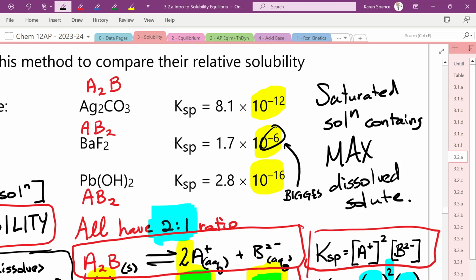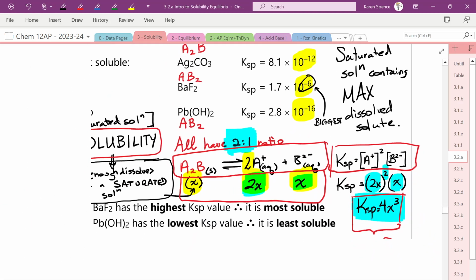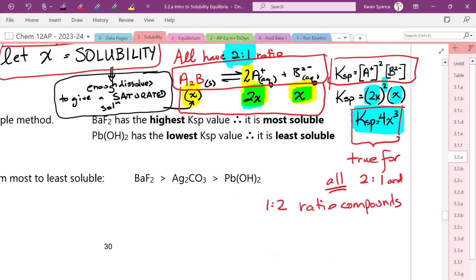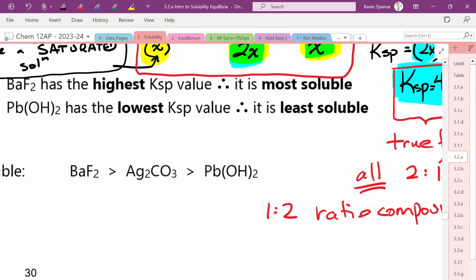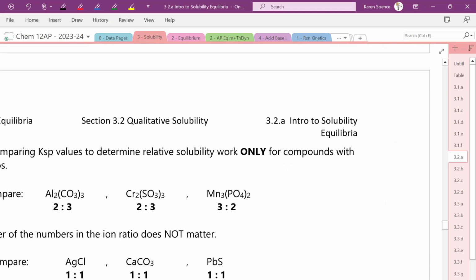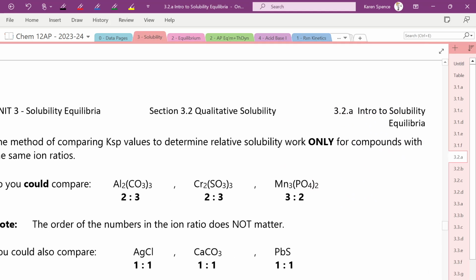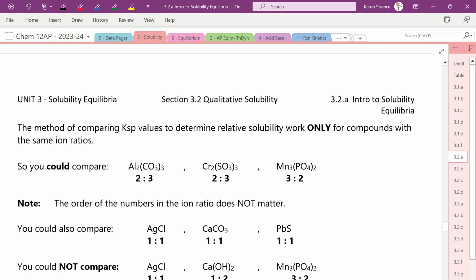So if KSP is the biggest, that means the ion concentrations are the biggest, which means it is the most dissolved. Yes. Which one is the smallest solubility? The third one, okay? Smallest number. It's really straightforward. So you can just put them in a row like that and compare them.